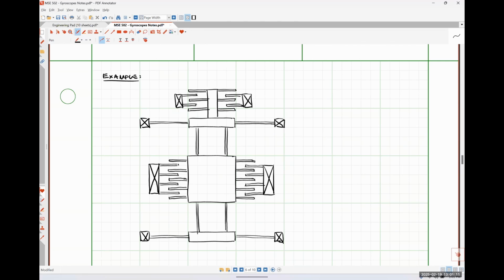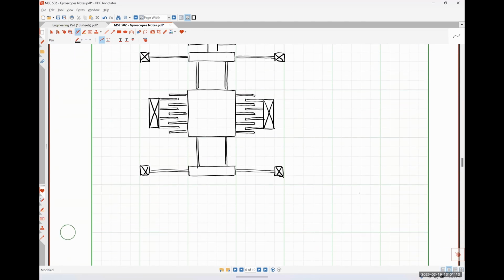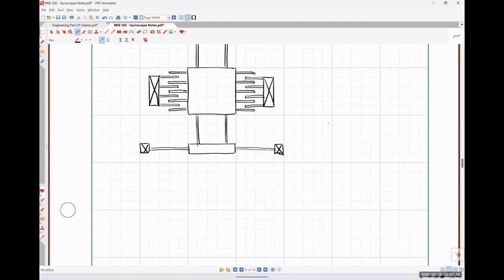And these are going to be my sense electrodes. Let me draw another one of these down here on the bottom. We're going to have a second set so we can increase the overall capacitance and get a bigger signal out of this.